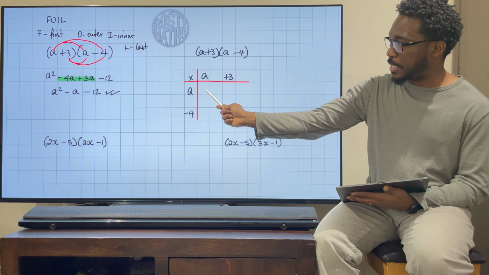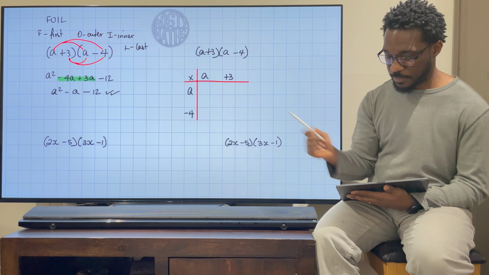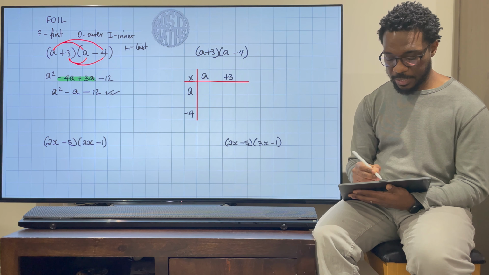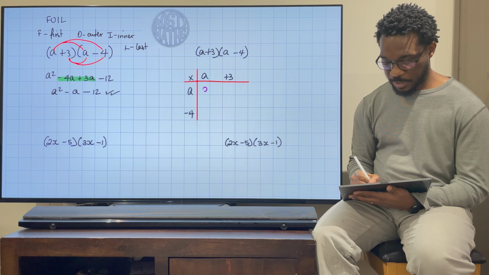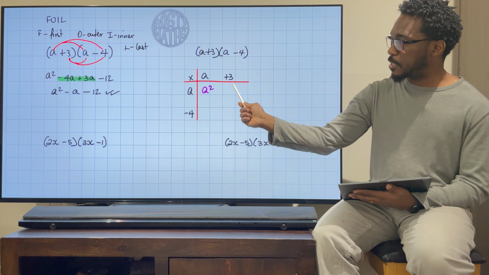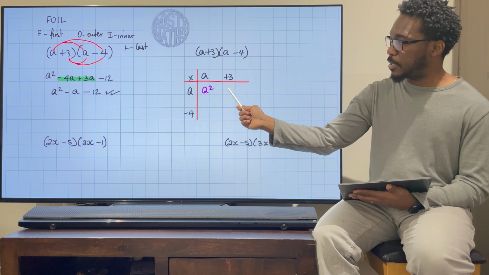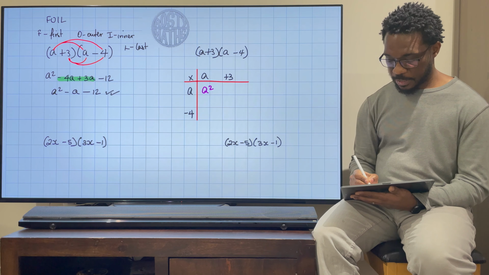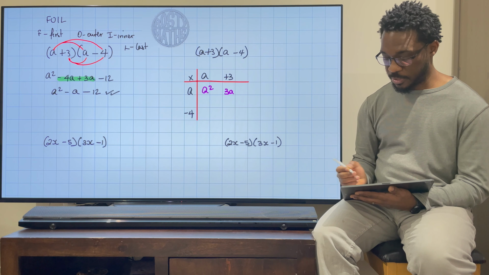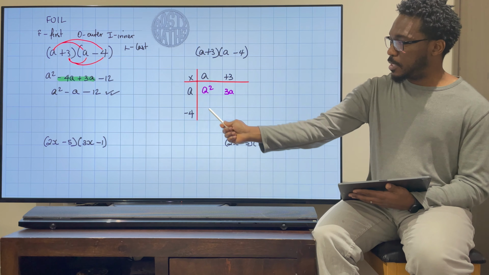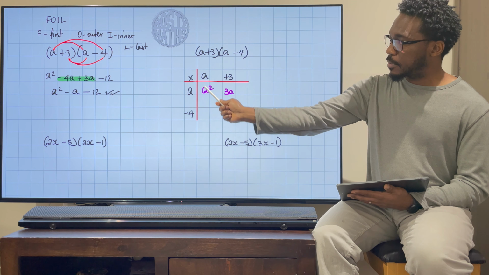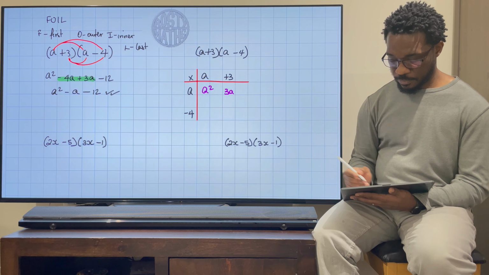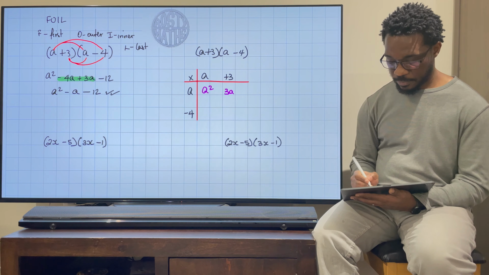So in this box here then, a times a, that's going to be a squared. So I'm going to write my a squared in there. In this box here, 3 times a, that's going to be 3a. So positive 3a. In this box down here, a times minus 4, so minus 4a.